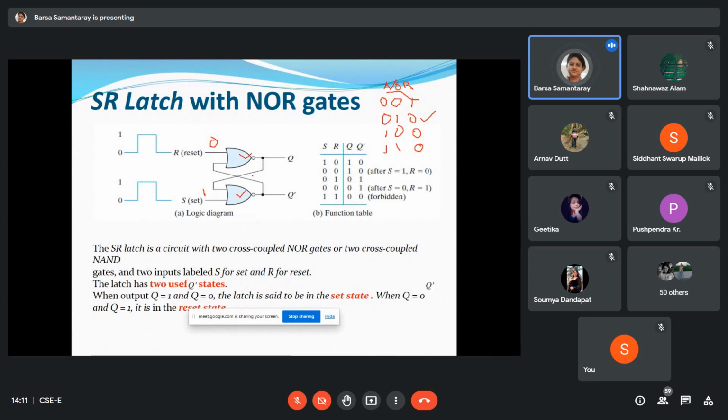If any input of this NOR gate is 1, the output should be? 0. So this output I now know. Then this output is fed to the input of the second NOR gate. In this NOR gate, the input is 0. So if both inputs of the NOR gate are 0, 0, then what is the output?